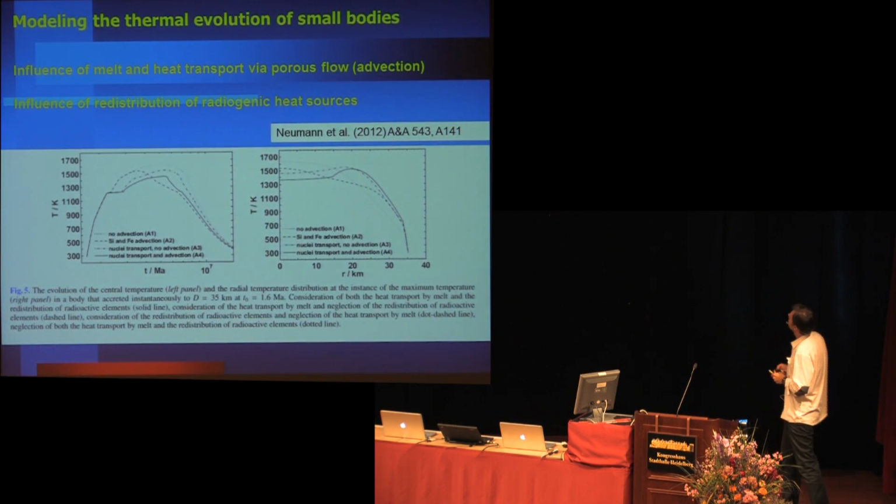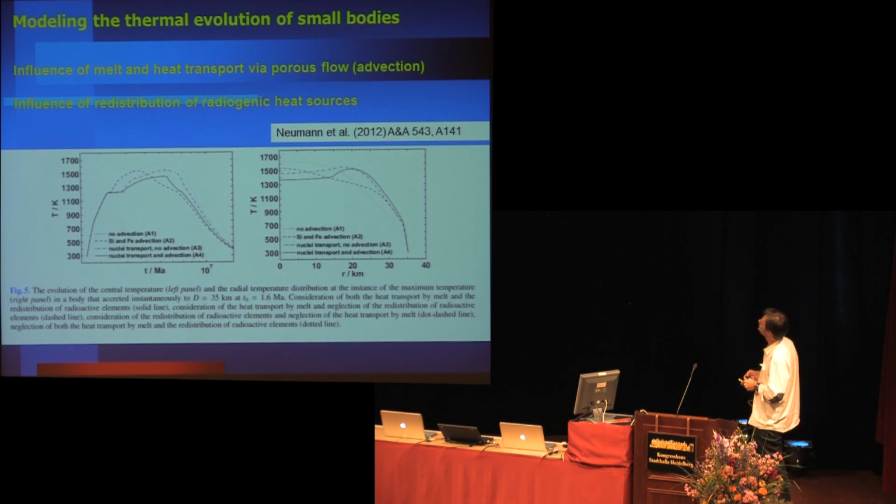Okay, so this shows what happens if you take into account these effects or not. This is a central temperature of a planetesimal of a 35-kilometer diameter, formed 1.6 million years after CAIs. This is time, this is the central temperature, and this is a temperature profile over the radius of the planetesimal at the time of maximum metamorphic temperature.